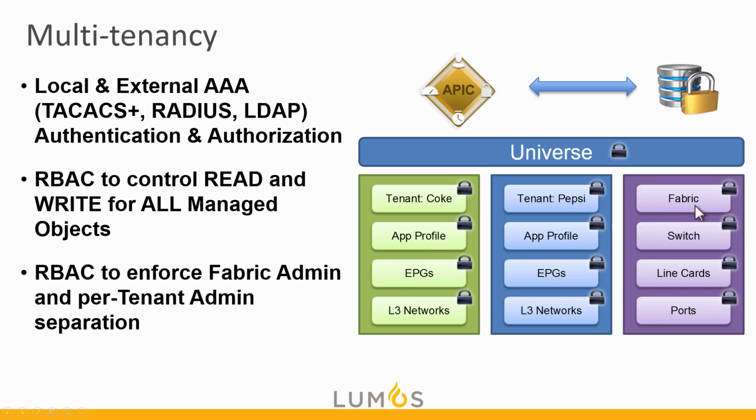We also have the entire fabric by switch, by line card, by port. So all of this is under the universe level. And we'll talk about a few different tenants that we have, such as there are some built-in ones that we'll talk about a little bit later.